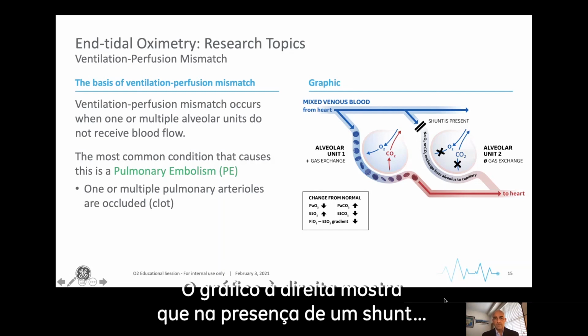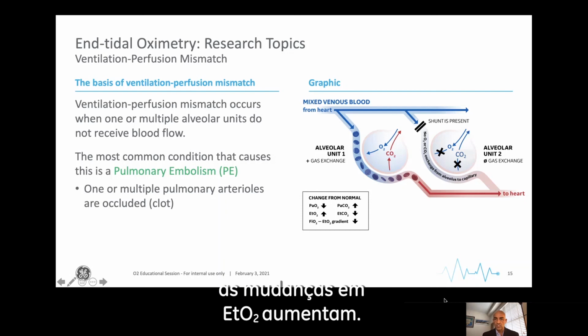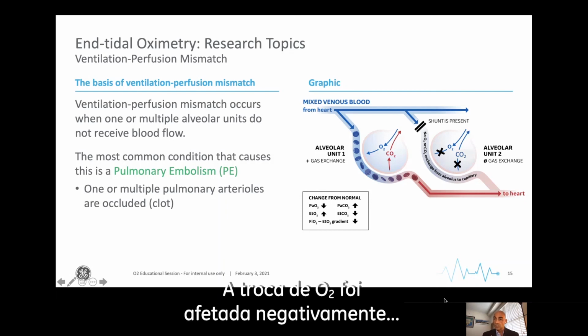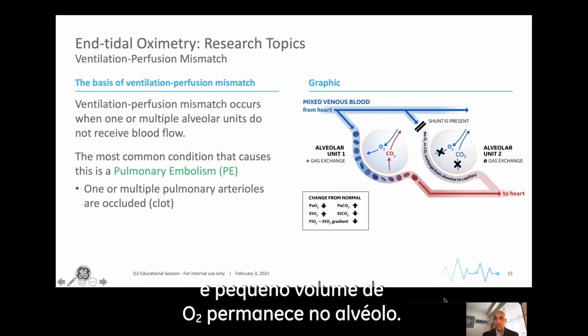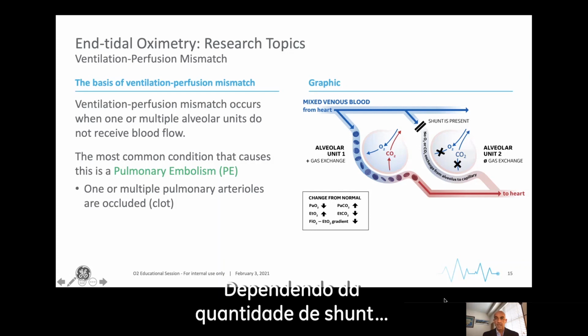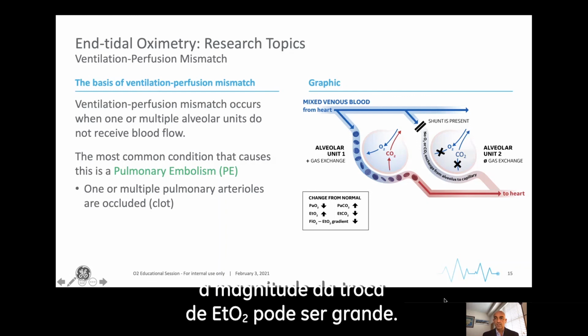What you see with the graphic on the right is that in the presence of a shunt, the end tidal oxygen will increase. Oxygen exchange has been negatively affected, so a small amount of oxygen remains in the alveolus, and depending on the amount of shunt, the magnitude of change to the end tidal oxygen can be quite large.